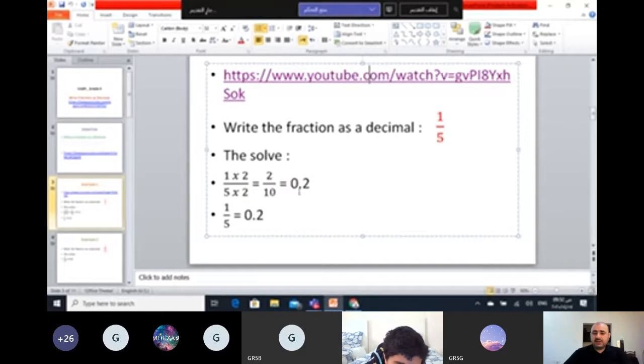So put the decimal point first, then put the 2 in the tenths digit, the first digit after the point. Here we don't have a whole number, so the value will be 0. So the number will be 0.2. So I can write 1 over 5 equals 0.2. This is the easy method to change from fraction to decimal.